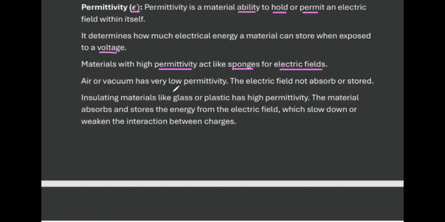Air or vacuum has very low permittivity. If we compare the permittivity of different media, the permittivity of air or vacuum is very small, so the electric field is not absorbed or stored.